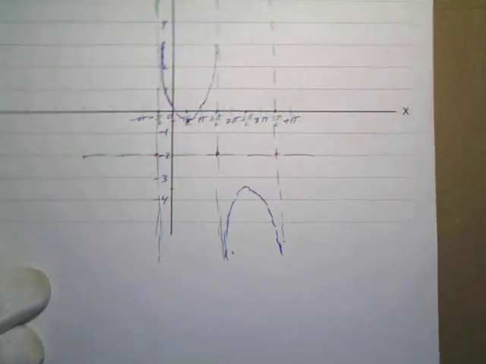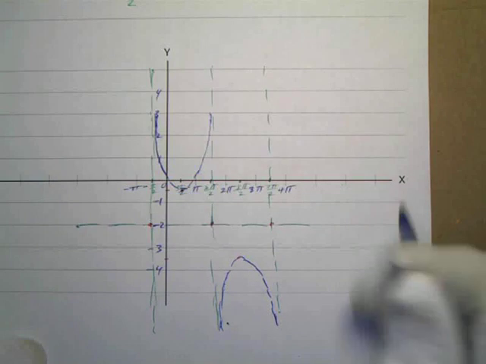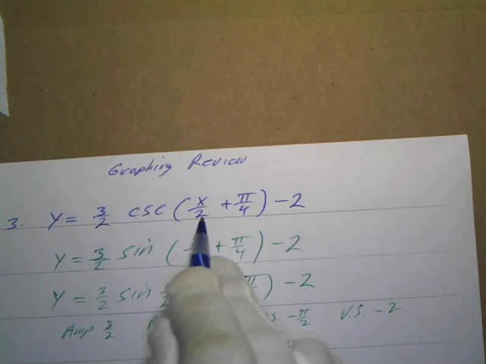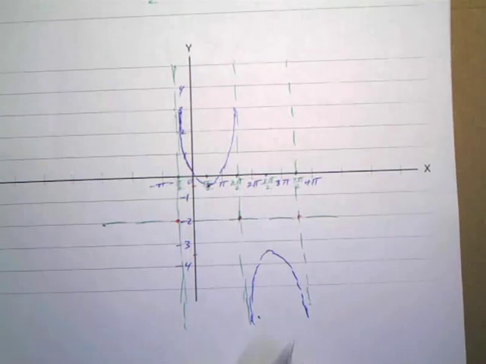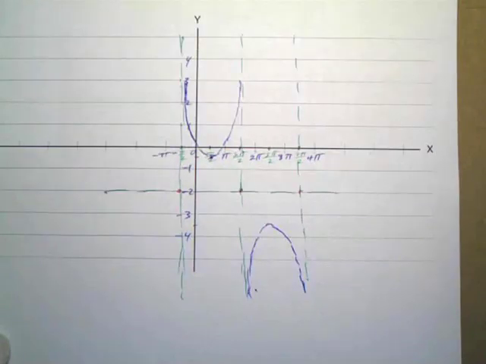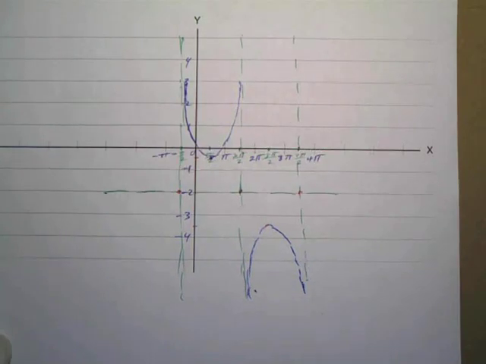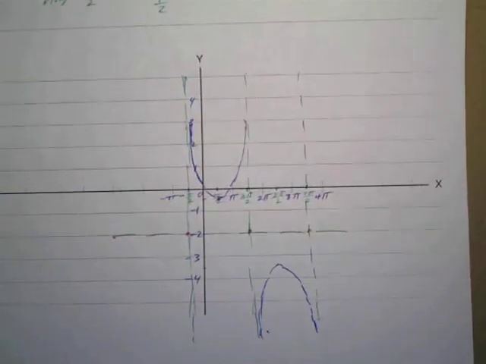So there's your three halves cosecant of x over 2 plus pi over 4, minus 2. That's your cosecant function, okay? All right, that's a little more complicated. And I'll use a ruler for the last ones, that's for sure. Okay, hope that makes sense.